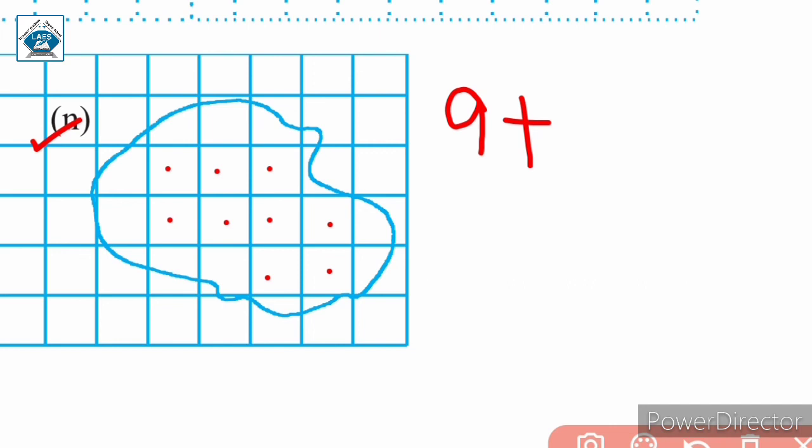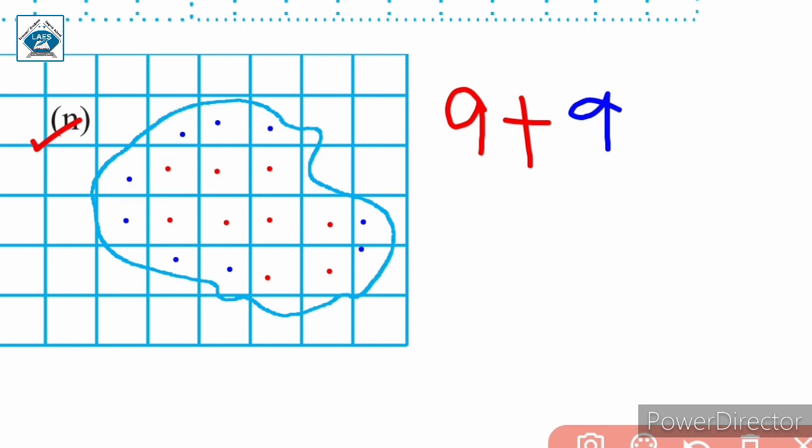Next, for more than half squares we have 1, 2, 3, 4, 5, 6, 7, 8 and 9. These are more than half squares. So adding this, we get 9 square units because we will be considering them as complete squares.